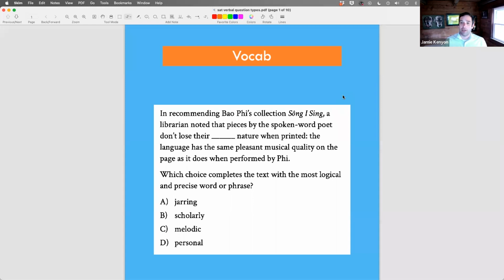But if you guys are reading these along with us and you have questions about them, please go ahead and just put them into the chat box and we'll go back through them when we get into the Q&A section. So vocab always has the same question stem. Which choice completes the text with the most logical and precise word or phrase? So anytime you see that phrasing, it is a vocab question.